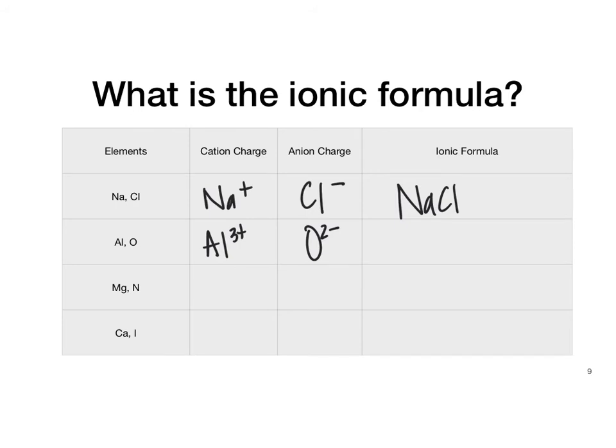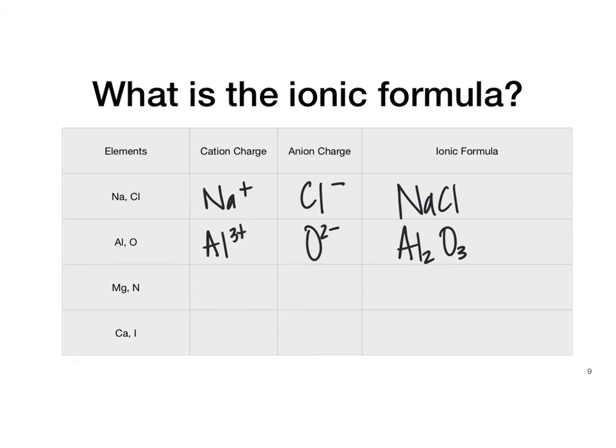But we need to find a way to where the number of aluminum ions and the number of oxygen ions comes together to create a neutral molecule. So if we had 2 aluminums, that would give us a +6. And we could have 3 oxygens, and that would give us a -6. And that would create a neutral species. So Al2O3 is this ionic formula.